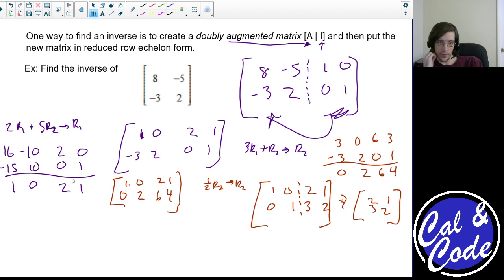Oh, I know. Yeah, I know what I did. This should have been a 5, and so that should have been a 5. So this should have been 2, 5. And then when I came in here, I took 3 row 1s. That 5 would have been a 15, so this would have been a 16.